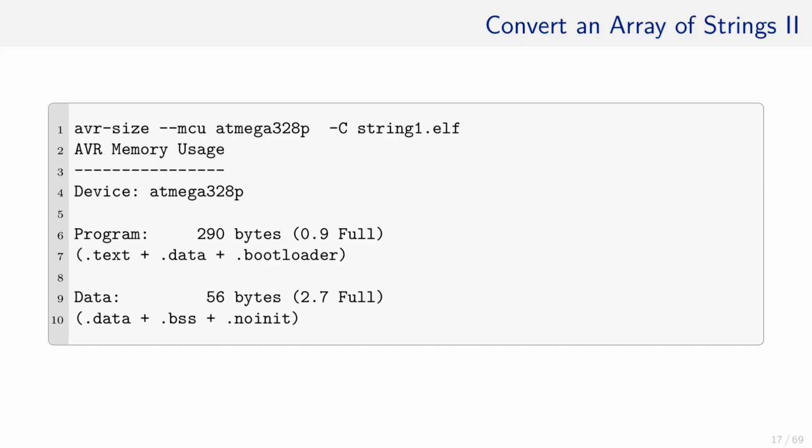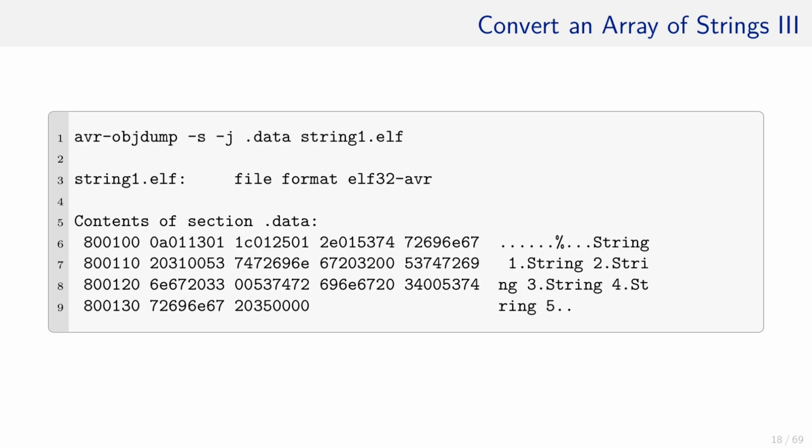To list what is stored in the data section, we use the objdump with AVR. We see that apart from the strings from here onwards, also the pointers to the strings are stored. For instance, this is S, T, R, I, N, G, and these are the pointers to the strings.